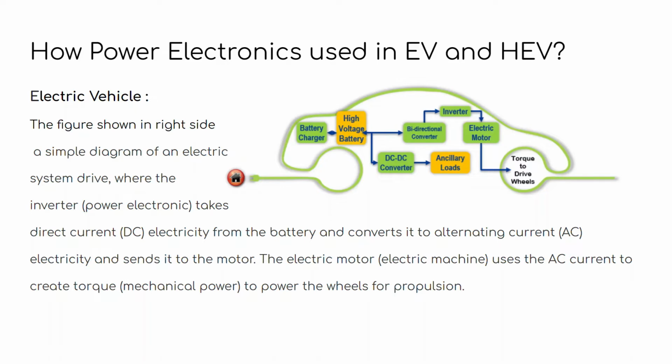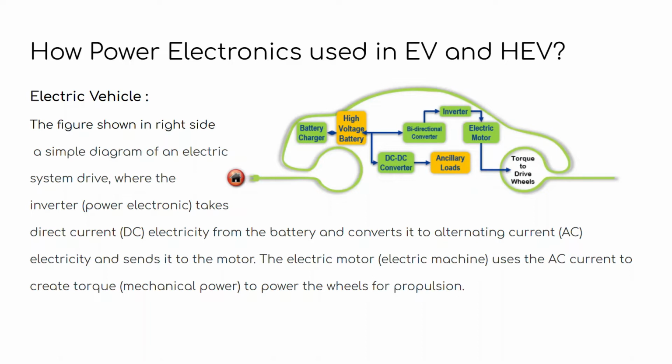The electric motor uses the AC current to create torque and to power the wheels for propulsion. So that is how power electronics are involved in electric vehicles.